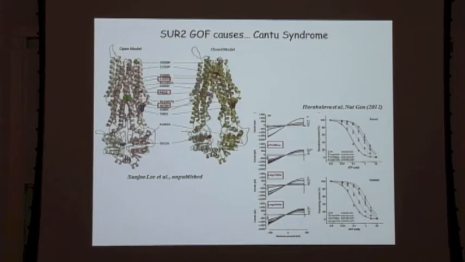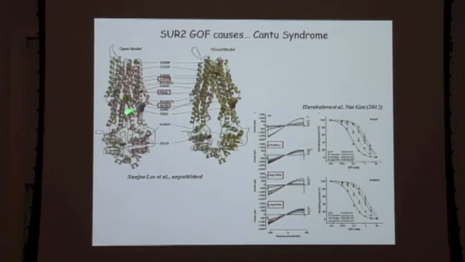This is basically the same kind of rightward shift that we see causing neonatal diabetes when we look at Kir6.2 and SUR1 mutations. This is a model generated by Sanju Lee showing both the open and closed conformations of the SUR subunits, from bacterial homologs in open and closed conformations.